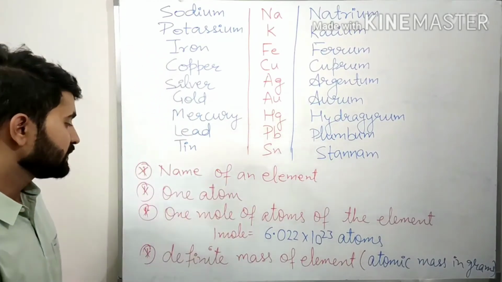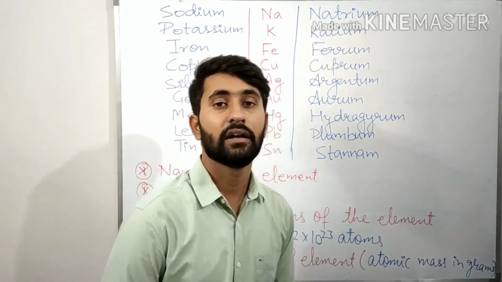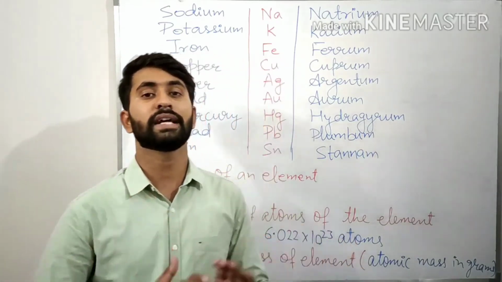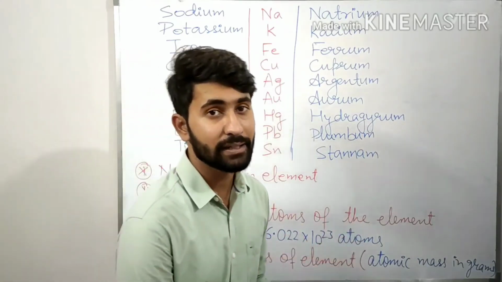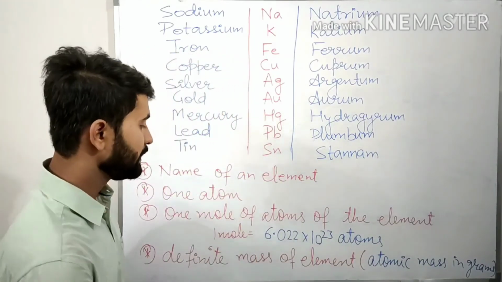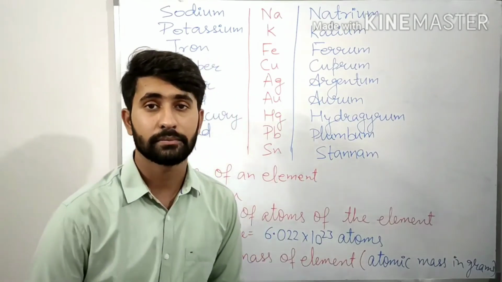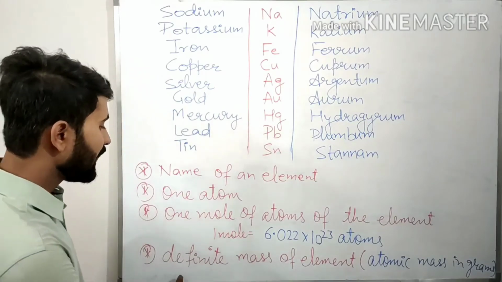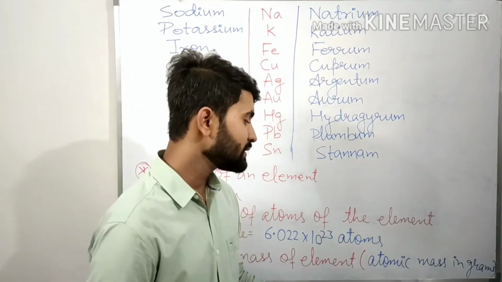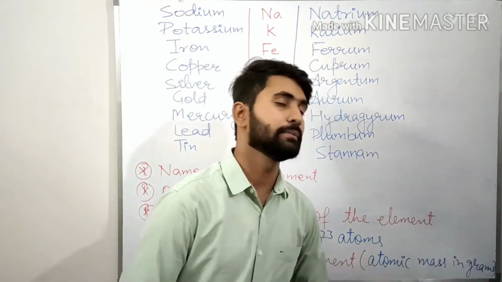It also represents 1 mole of atoms of that element. 1 mole means 6.022 times 10 to the power 23 atoms of that element. So if we say 1 mole, it means 6.022 times 10 to the power 23 atoms. It also represents a definite mass of an element. It means it represents the atomic mass of the element in grams.